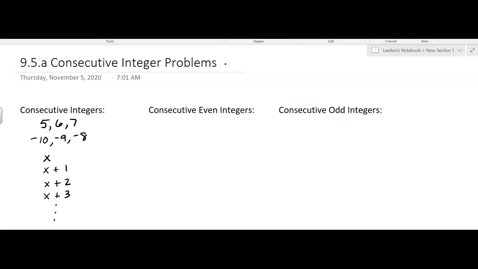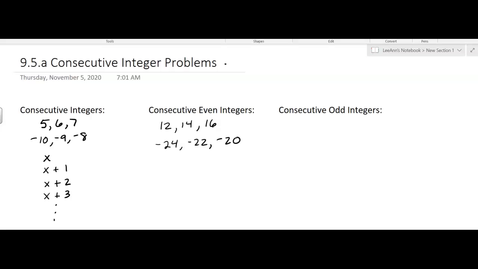All right, consecutive even integers, those are things like 12, 14, 16. Or you could have -24, -22, -20. Those are examples of consecutive even integers.